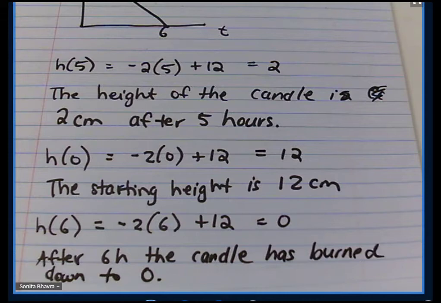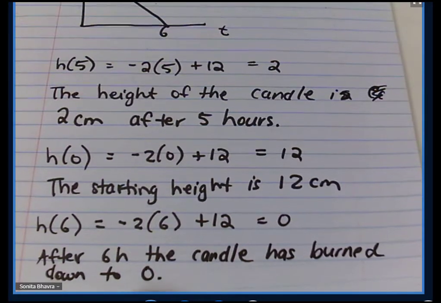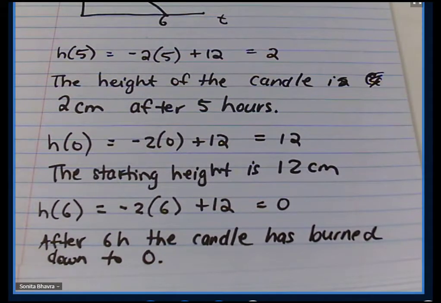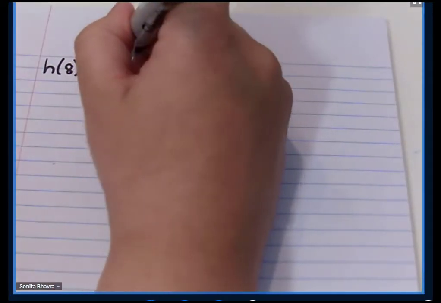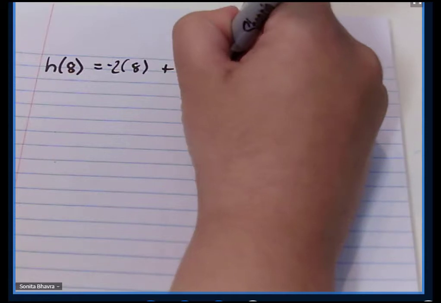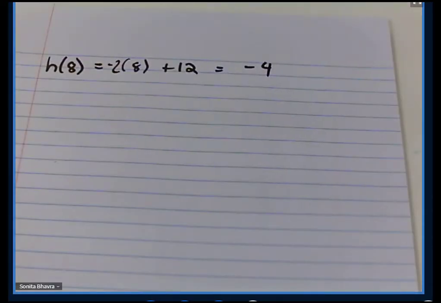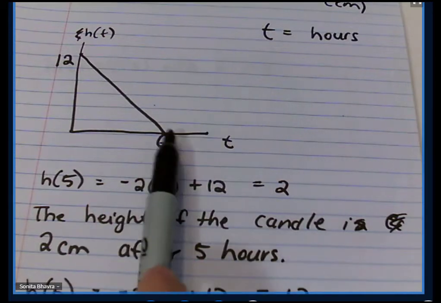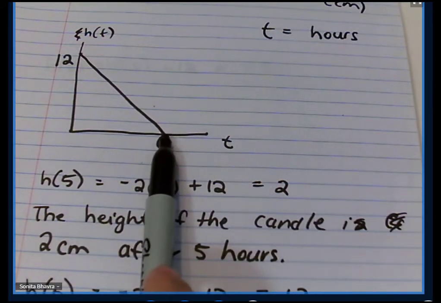All right. And the last one here is what would happen if we had h of 8. So h of 8. All right, so after 8 hours, so let's take a look here. So negative 2 times 8 plus 12, that gives me an answer of negative 4. All right, so looking at our graph here, we know that at 6 hours, our candle has burned down to 0.